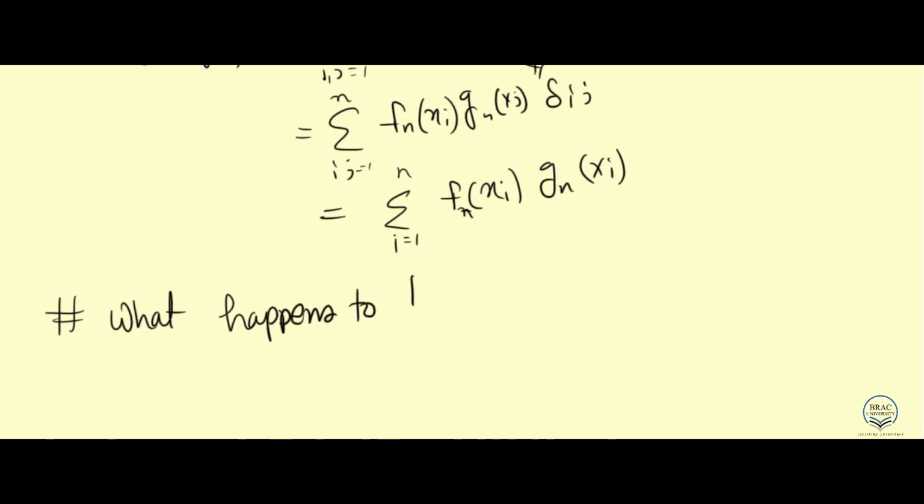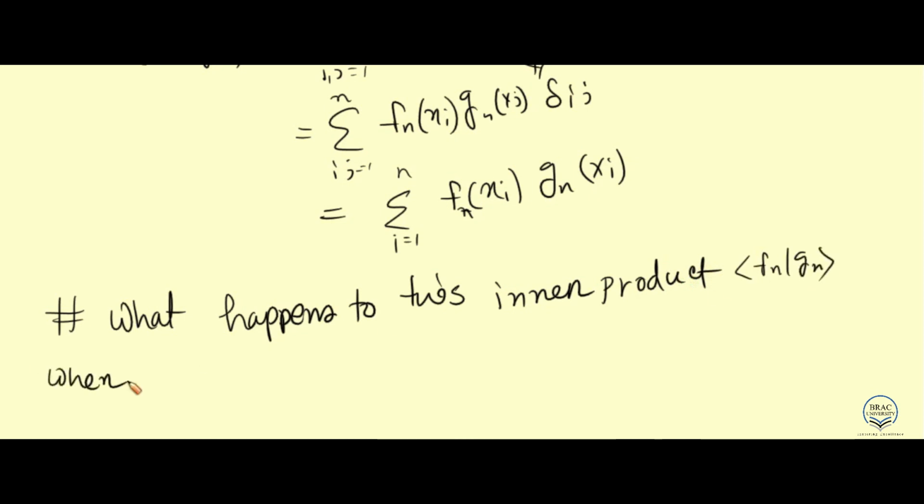What happens to this inner product that is represented with fn gn when n goes to infinity?